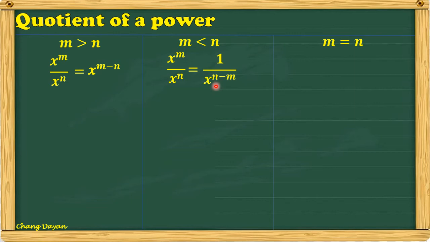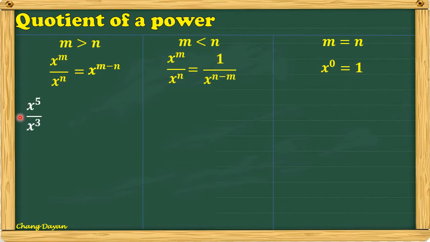So, isusubtract natin ang exponent ng denominator sa exponent ng numerator. So, we'll have x raised to n minus m. Sunod po, kapag m is equal to n, ang x ay raised to 0, which is equal to 1. Lagi natin tatandaan, anumang number na naka-raise sa 0, ito ay equal sa 1. As long as the base is not equal to 0.